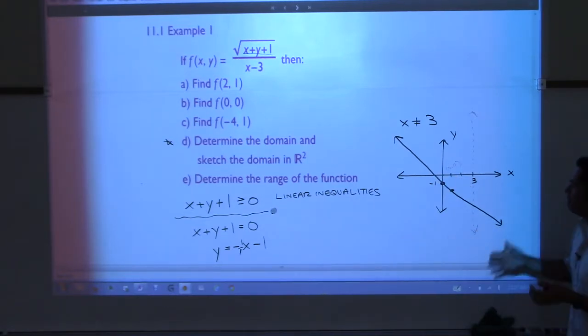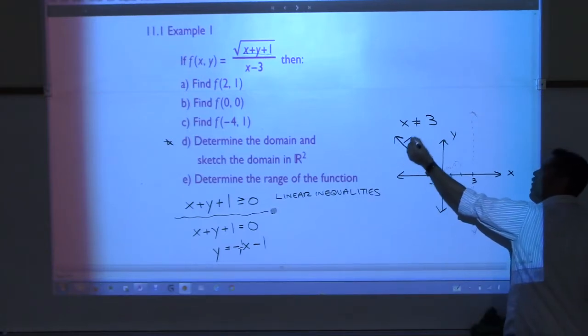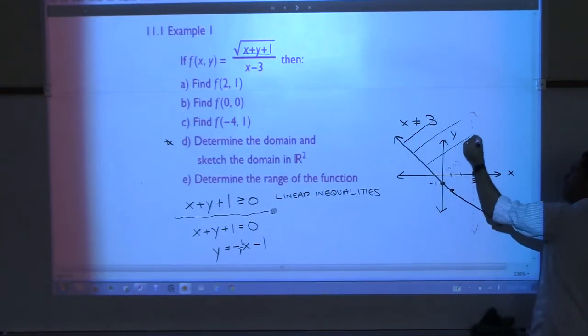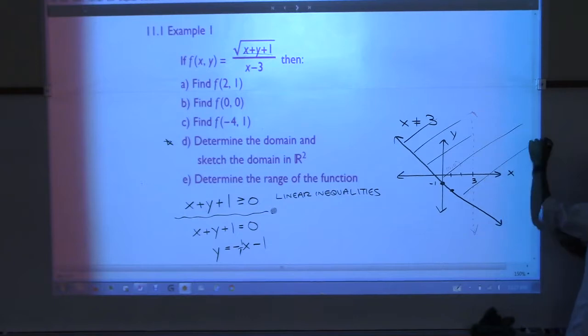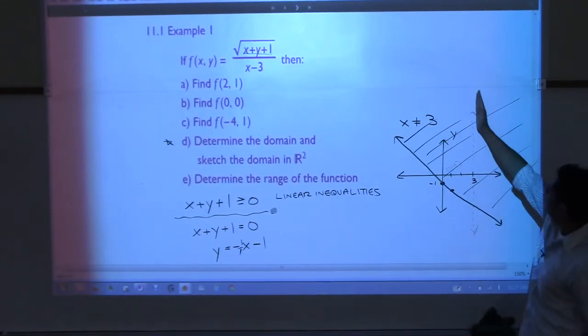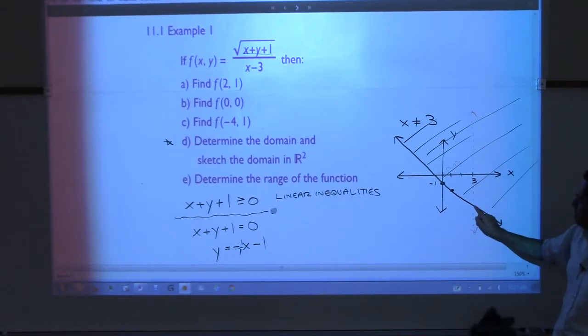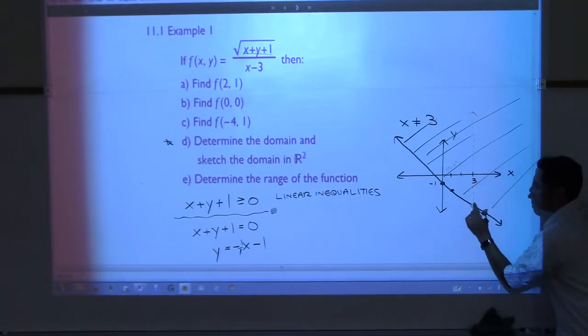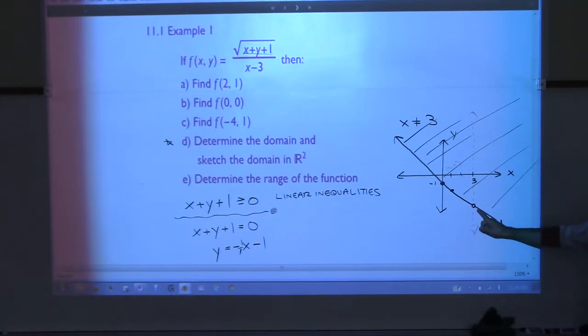So I'm ready to shade. My answer is everything over here, like this. All of that, but imagine you have to take out this vertical line just until you get to here. So there's actually a little hole in this line also. You can't have that point because x would be 3 there.